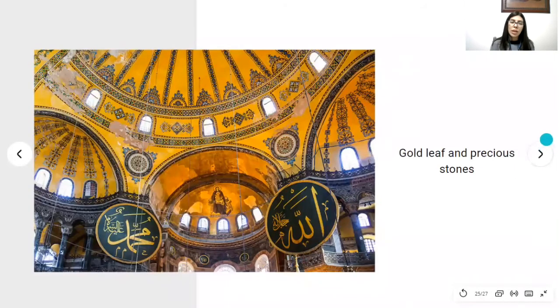The Hagia Sophia presents a lot of opulent materials like gold leaf and precious stones within its mosaics. Since Byzantine art prefers stylized imagery over natural depiction, the Hagia Sophia is full of religious subjects with the aim of inspiring a sense of wonder and admiration for the church.